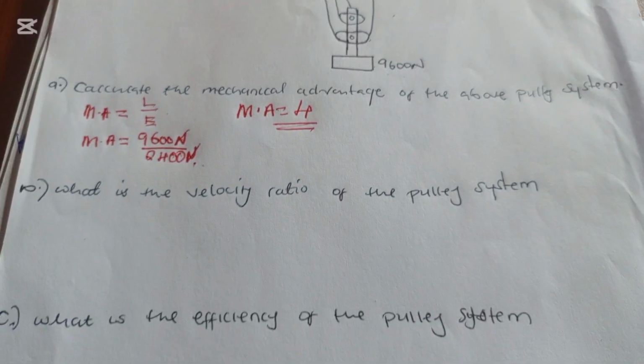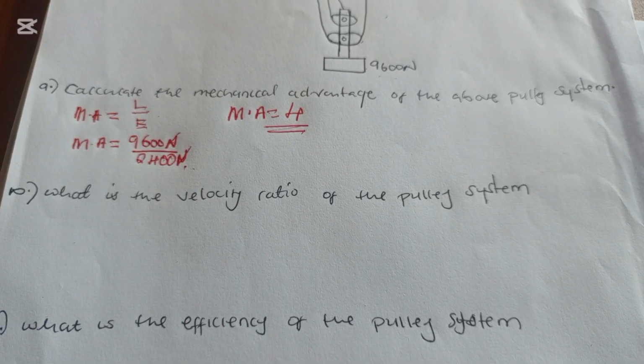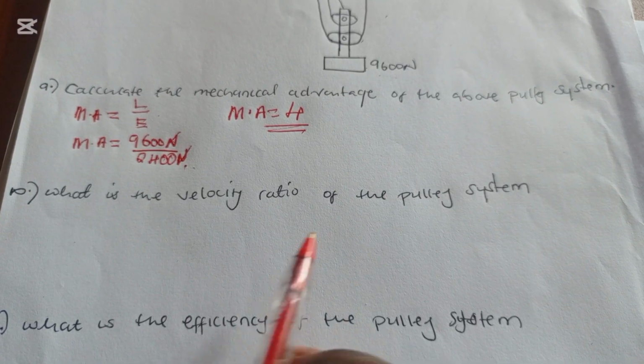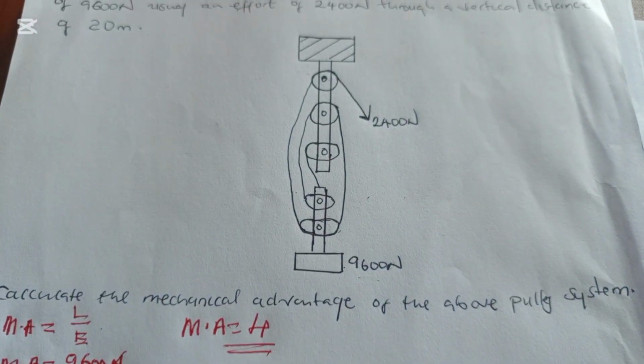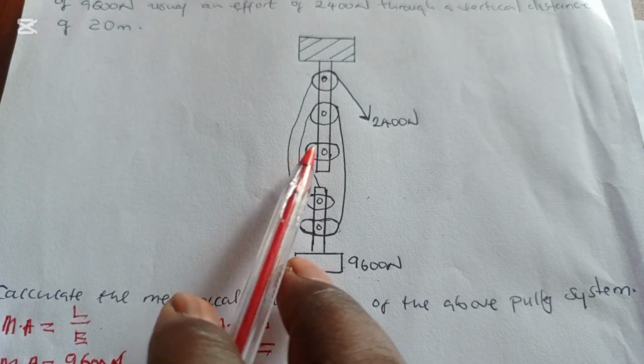The next question asks, what is the velocity ratio of the pulley system? So how do you find the velocity ratio? As I said, we need to count the number of ropes, or the number of circles.